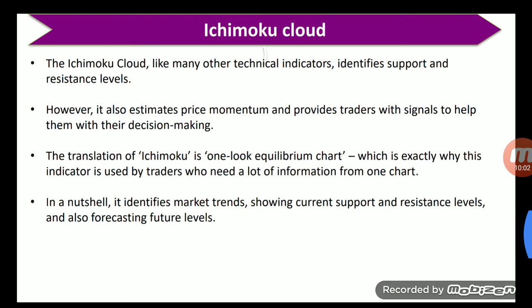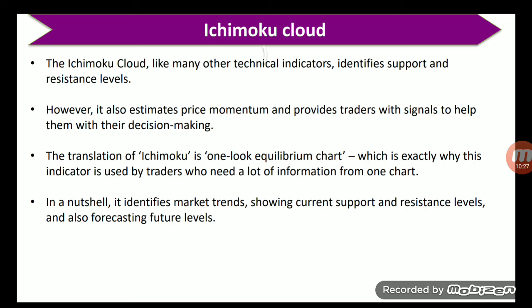Next indicator is the Ichimoku cloud. The Ichimoku, like many other technical indicators, identifies support and resistance levels. However, it also estimates price movement and provides traders with signals to help them with their decision making.